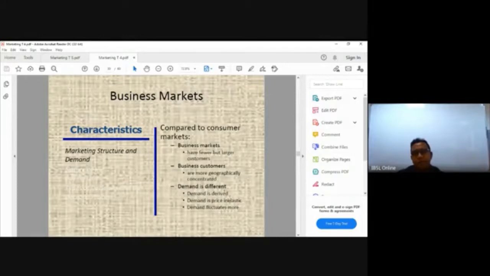That means because the organization wants to use the items for production of finished goods, the demand for raw material will be derived. Demand is price inelastic.